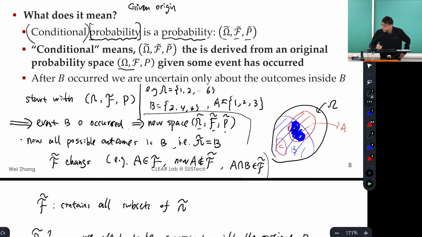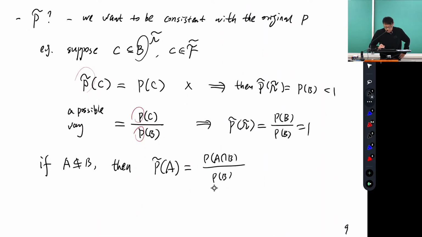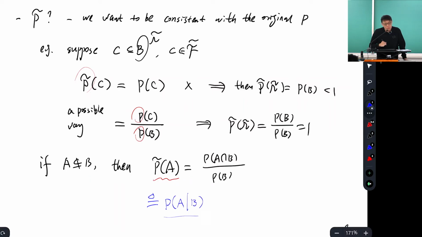And I can only evaluate that randomness. I will define this using the same notation, but they're different, right? This P is different from P tilde. So I want to say it is not the original P of A, but P of A given B. So this is nothing but a new measure.